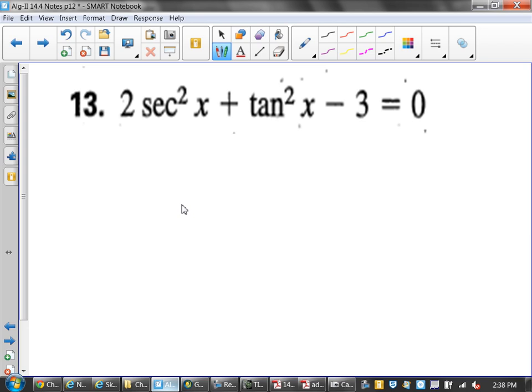Yes. So secant squared is equal to what in terms of tangent? So it would be 2. Everybody agree with that? What do you think you'd have to do next?